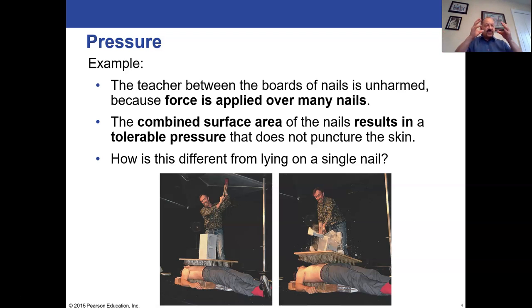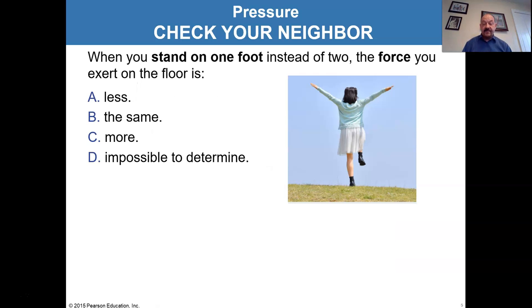So it's the same amount of force, but a much larger area. So force divided by a large area will give you a small pressure on the person's body. And obviously you can compare this to the single nail. That would be horrible.